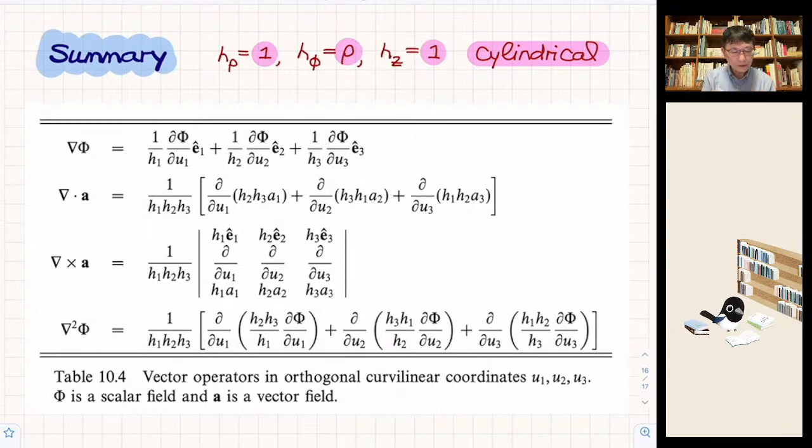So if you really try to calculate, for instance, the curl, then you put the product of h1, h2, h3 outside, and then you arrange your base vectors this way, and then arrange your components this way. I hope that revives your memory about the vector operators in curvilinear coordinates.